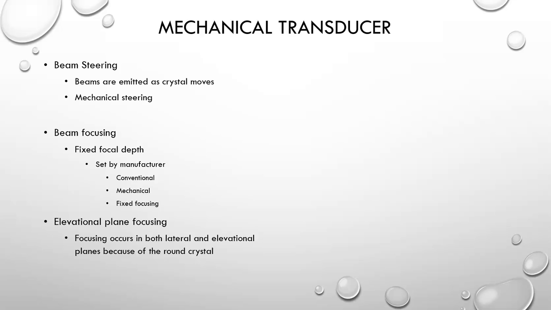Elevational plane focusing: in a single round crystal making up the transducer, both lateral and elevational focusing will occur. Now this is very different than phased array transducers. So in single crystal round transducers, you get elevational and lateral focusing.